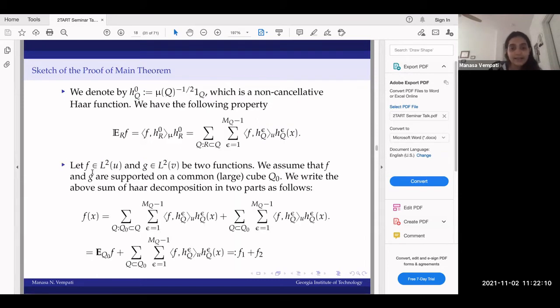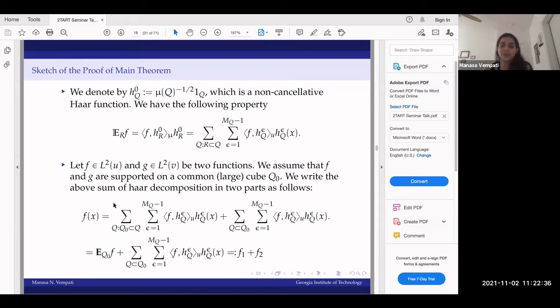Why do we take two test functions? Our goal is to bound the operator norm of T. As we have seen earlier, we can write the operator norm of T as a supremum over the inner product of Tf and g, where f comes from L^2(u) and g comes from L^2(v). So these are the two test functions that we begin with.